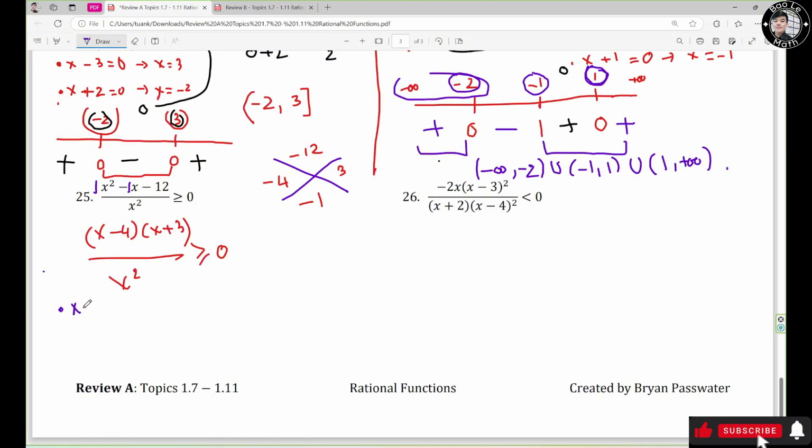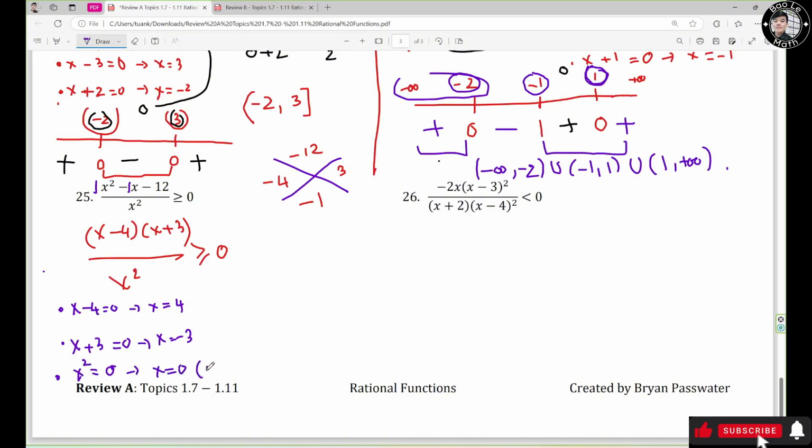Now you need to find the 0 of each of these factors, right? So I have s minus 4 equals 0, s equals 4. S plus 3 equals 0, s equals negative 3. Now, s squared equals 0, s equals 0.